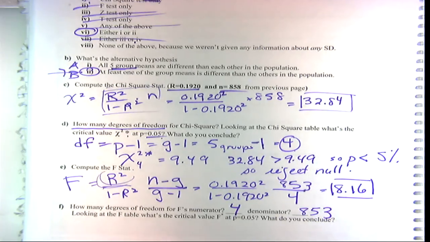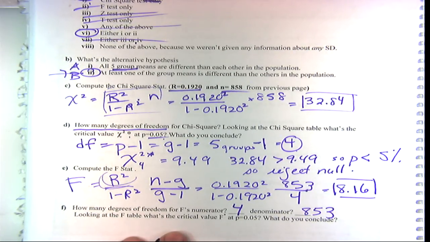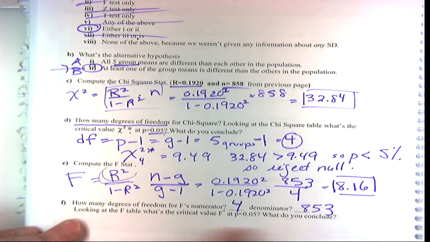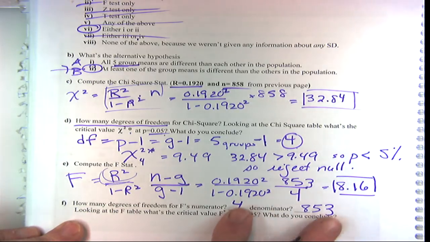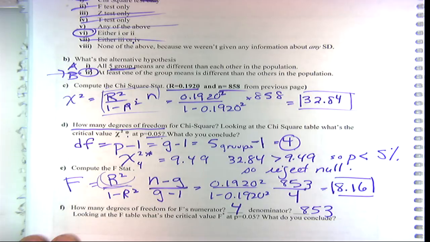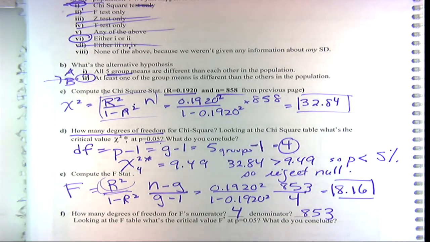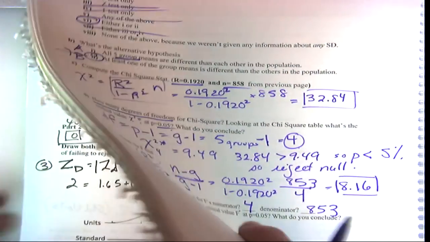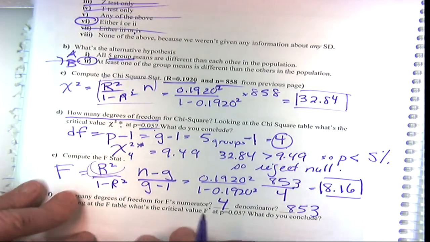Okay, looking at the F table. Okay, let's do it. F table, 4, 853, 816. Critical value, okay. The one at the back of the book doesn't even go up this high, but there's one I included earlier we can look at. This is a long chapter.